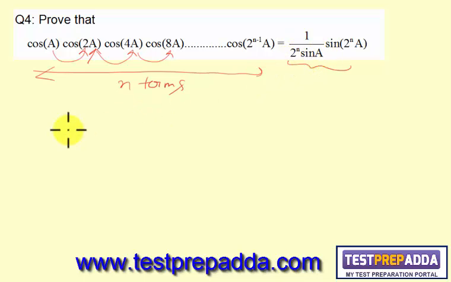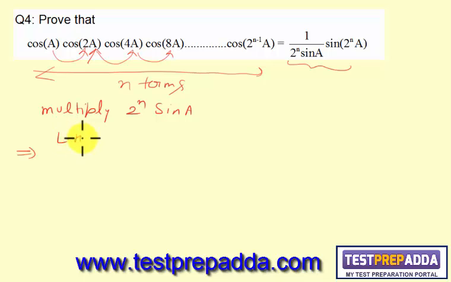Now, as you look at the product side, the denominator term involves 2 to the power n sin A. So what I do, I multiply above and below by 2 to the power n sin A, in the numerator and denominator.